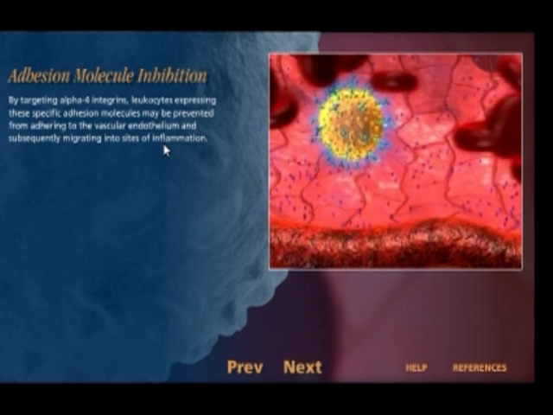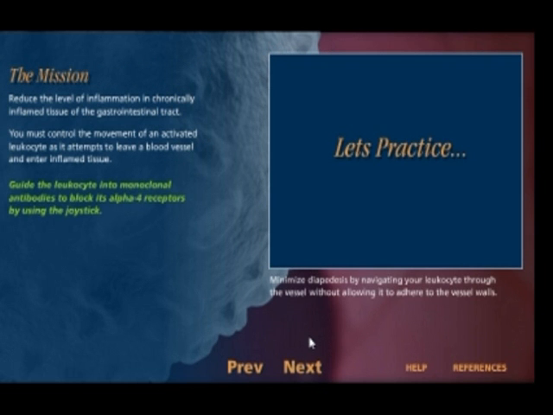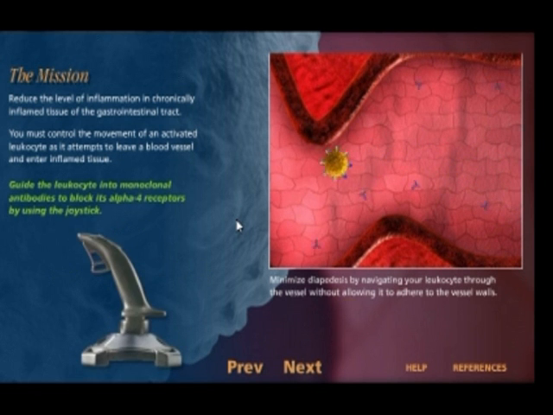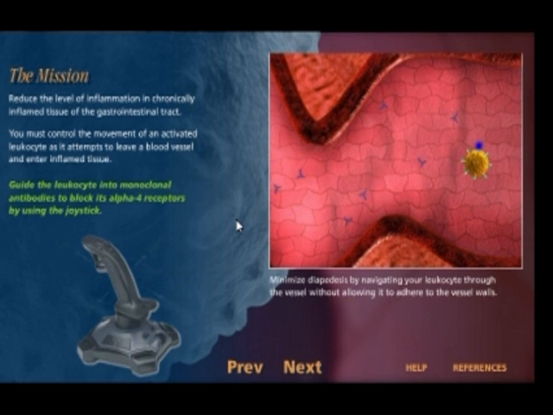So if we hit next, it's asking us if we want to practice. It's explaining here the gameplay of this particular game, what the mission is: reduce the level of inflammation in chronically inflamed tissue in the gastrointestinal tract. So here we've got a blood vessel.